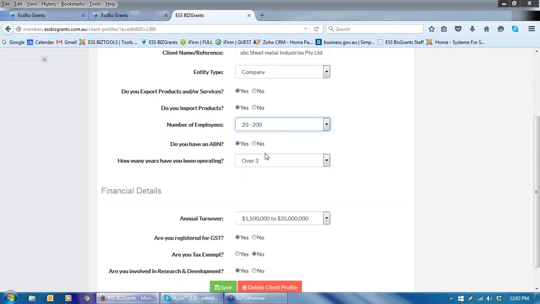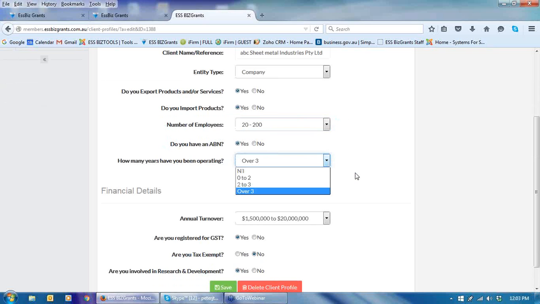Do you have an ABN? We've answered yes. You won't be able to access grants unless you are able to indicate that your client has an ABN. The next very important question, and it seems to be becoming more important, is how many years has the business been operating? So we've indicated that over 3 years, but the years of operation could have fallen into these other bands, and nil is a band.